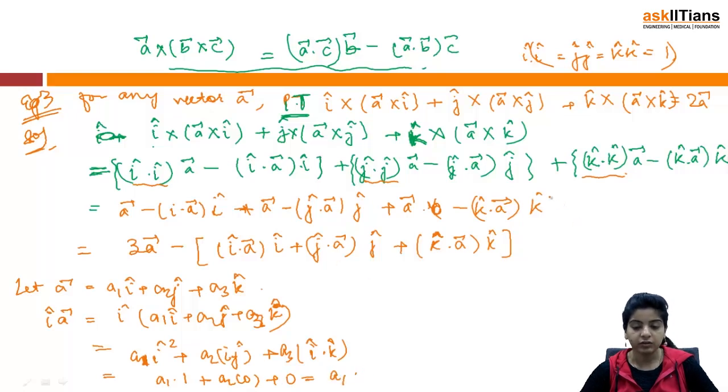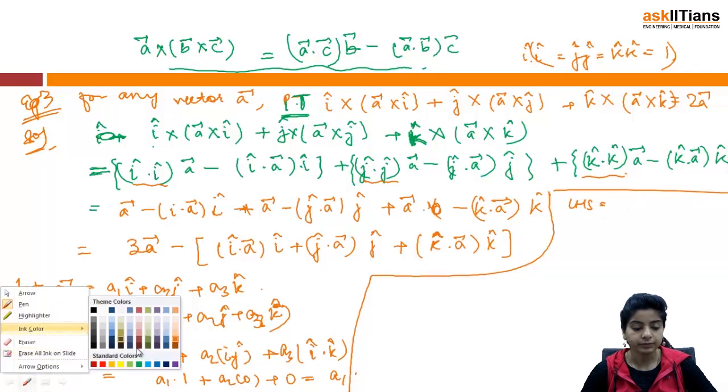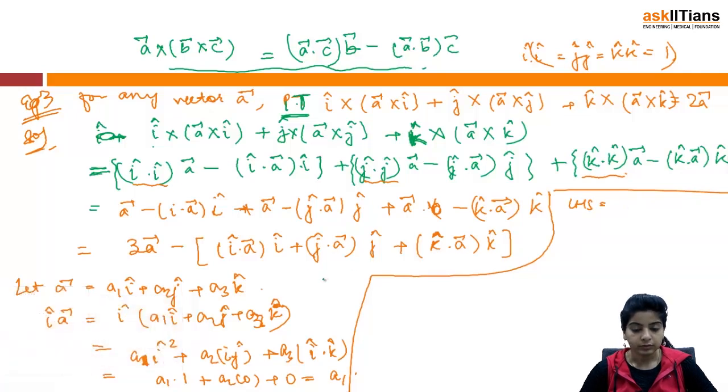Similarly, on similar lines, if I try to find out J dot A, I'll get A2, and K dot A will come out to be A3.